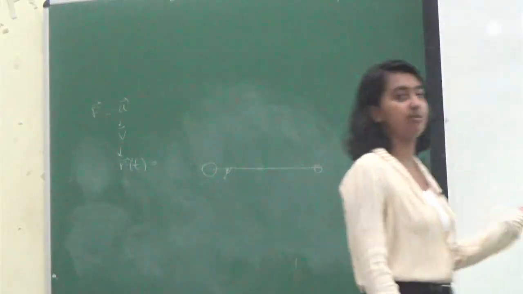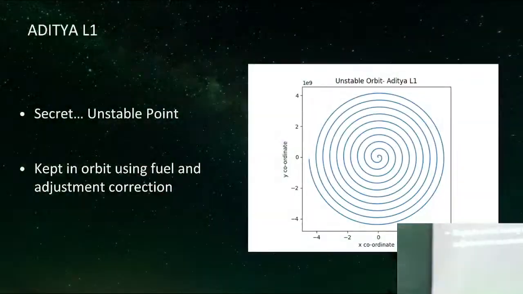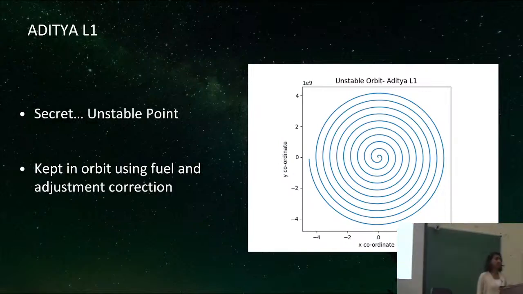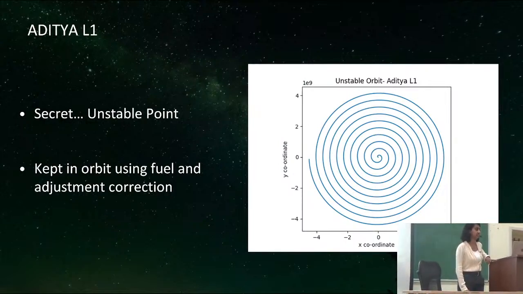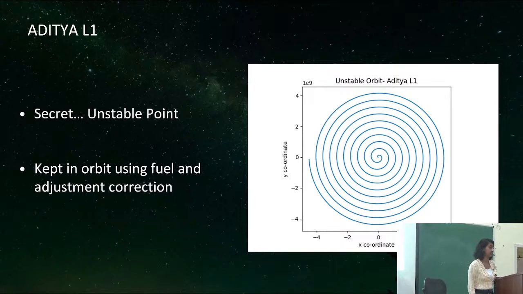So there is some fuel that goes into it, some correction that happens. But near L1, a lot less fuel is required. The mass of the Sun is a lot more than the mass of the Earth.